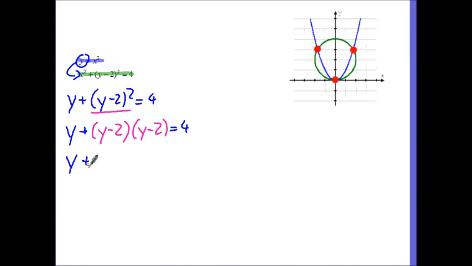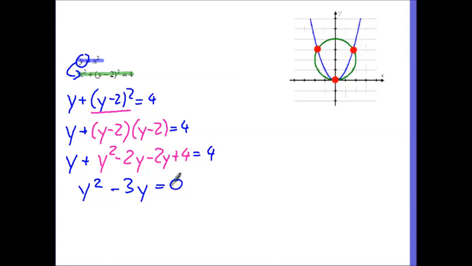Y plus y squared minus 2y minus 2y plus 4 is equal to 4. In the next step, I'm going to combine all like terms and subtract 4 from both sides. And I'm going to get y squared minus 3y is equal to 0.